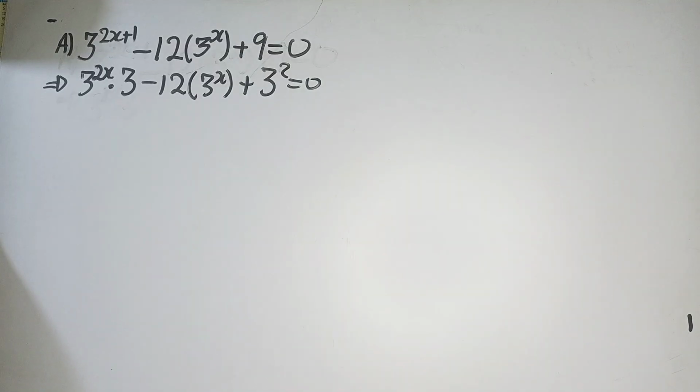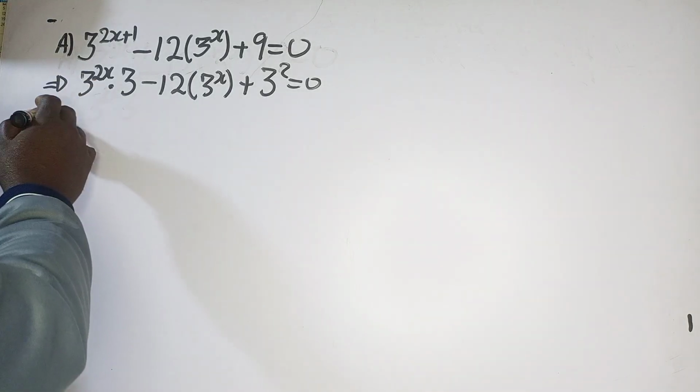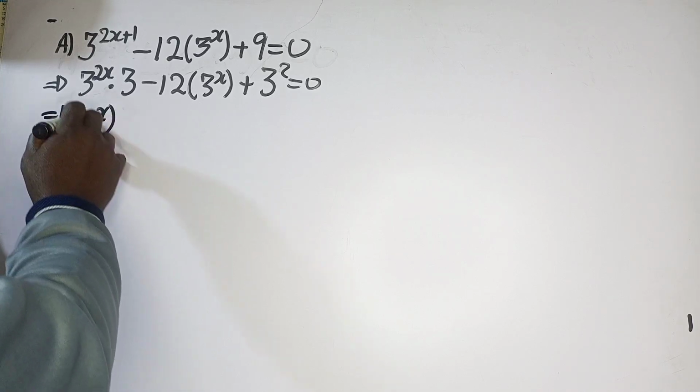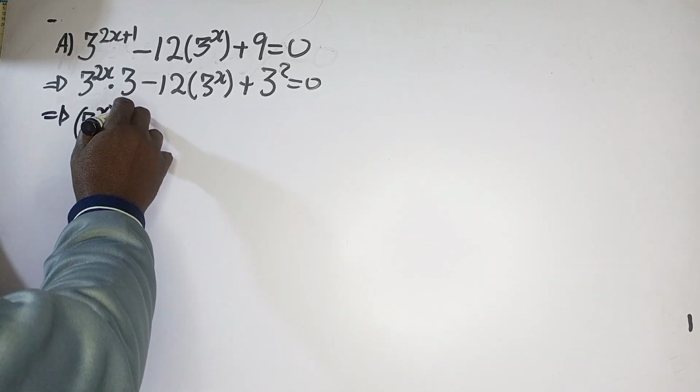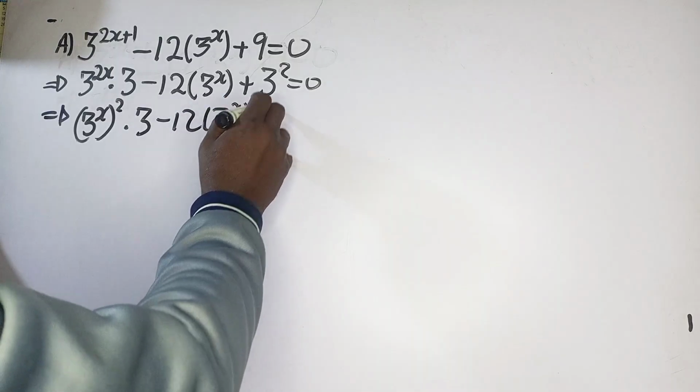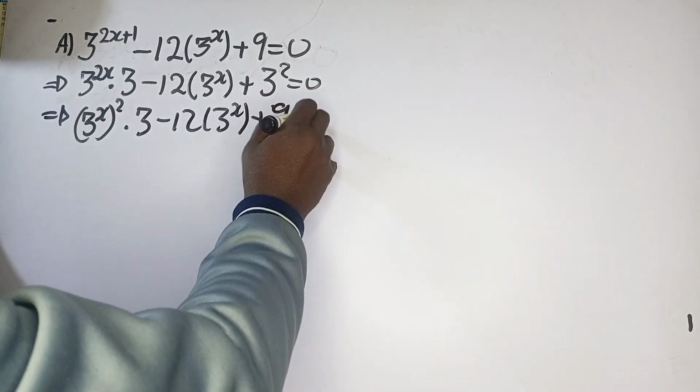Okay, now 3 to the 2x, we all know what that means. 3 to the 2x is the same as 3 to the x squared times 3. Okay, let's leave this one there, 9.